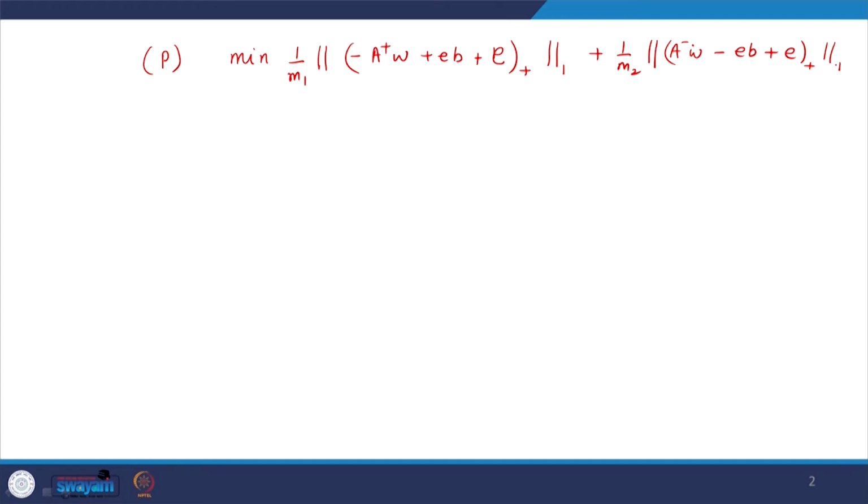Okay. So, this is the problem, and if this error comes out to be 0, that means the given data points are linearly separable.